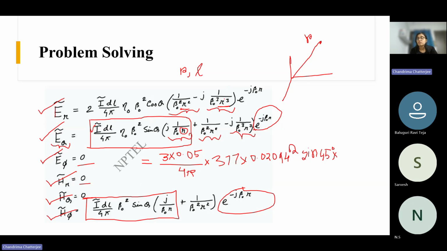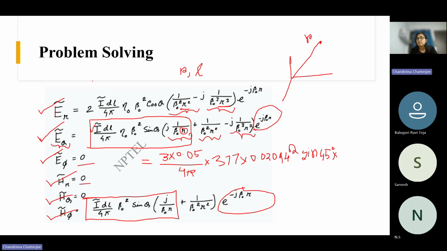So even if you don't consider them, it is okay. For near field, you will have to consider all the terms. E theta and E phi are just the components of E in different directions. They are not near field, far field like that.